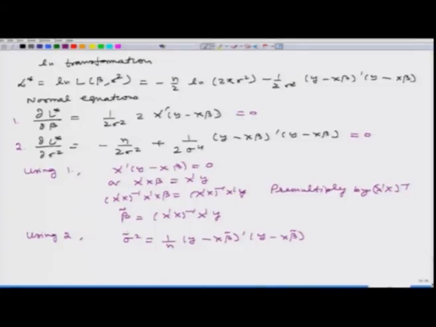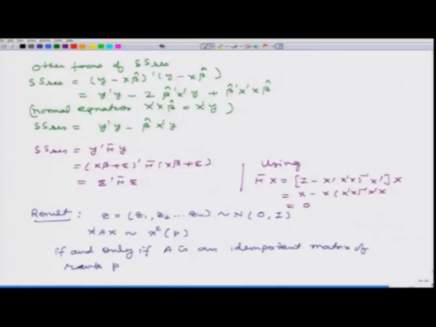Well, these are the maximum likelihood estimators. We still need to show that beta equal to beta tilde and sigma square equal to sigma square tilde really maximize the likelihood.